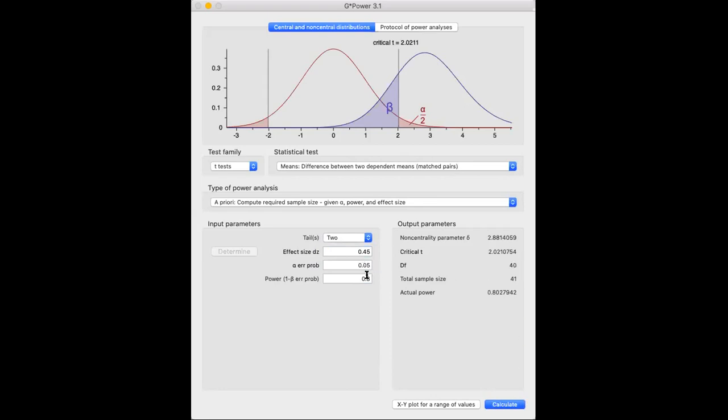You can see that for a within-subject design, you will actually need a smaller sample to achieve the same power. You only need n equals 41. You only need 41 participants instead of the 160 to achieve the same power.